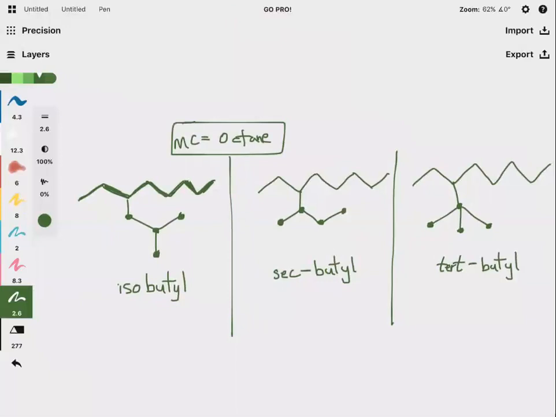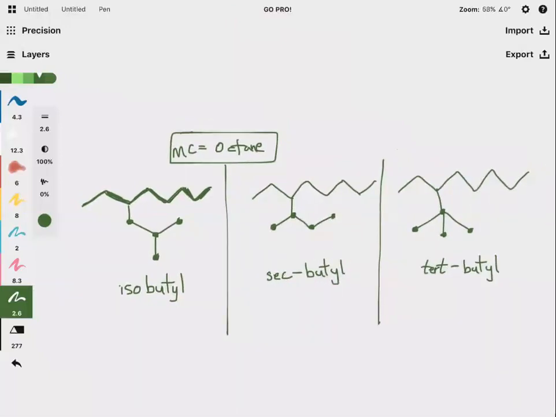So that's a sec butyl. And in the third example on the right, we still have 4 carbons attached at one spot to the main chain. So that's still a butyl, but 3 of them are stuck on 1 carbon. So we call that a tert butyl. So make sure you're familiar with those terms right there.